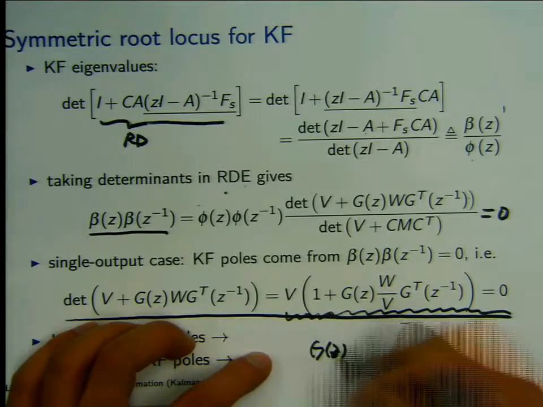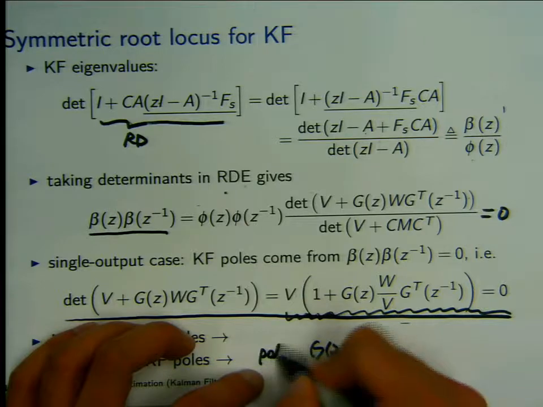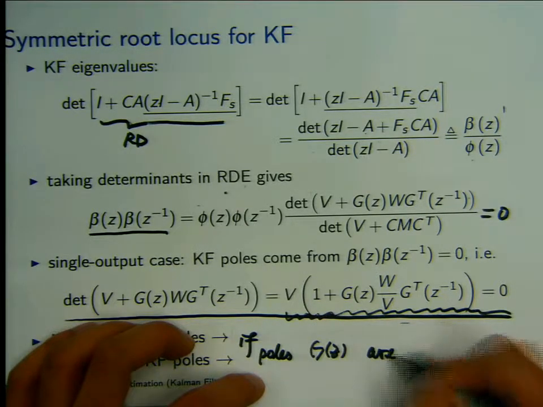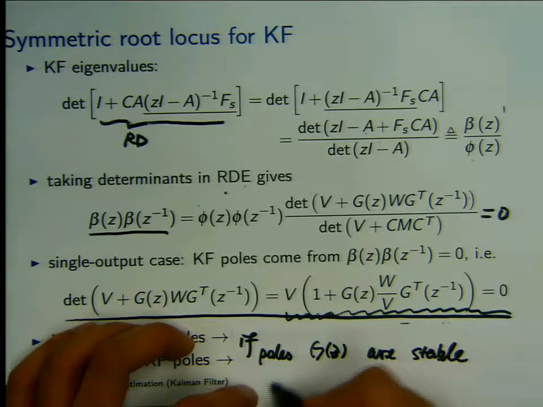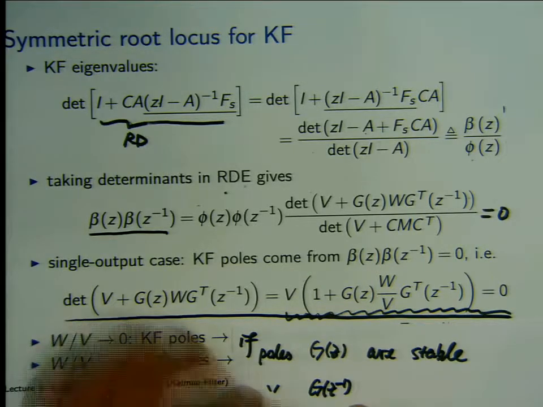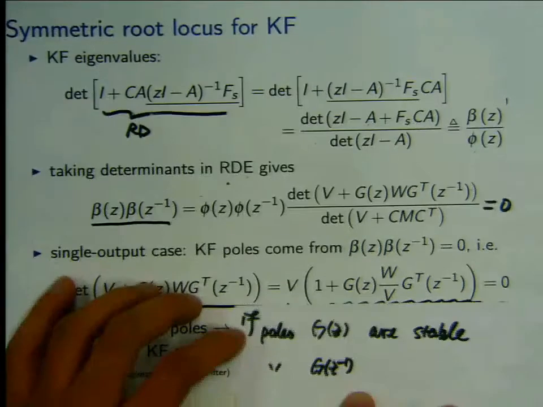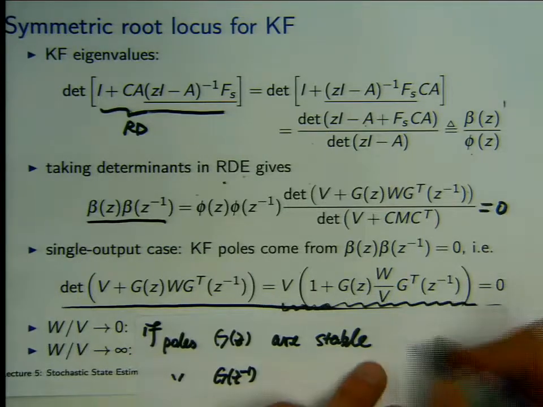If the poles of G(z), all of them, are stable, how will the poles of G(z) to the minus 1 look like? Stable or unstable? And why? Yeah, it's kind of easy to see.